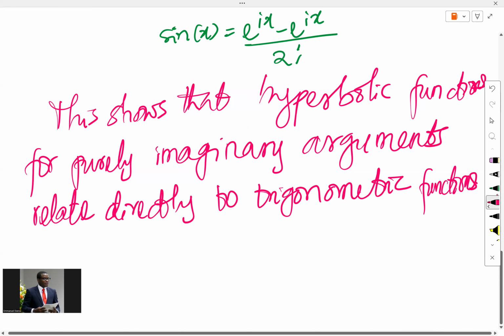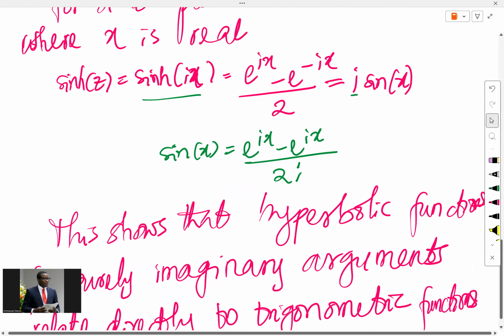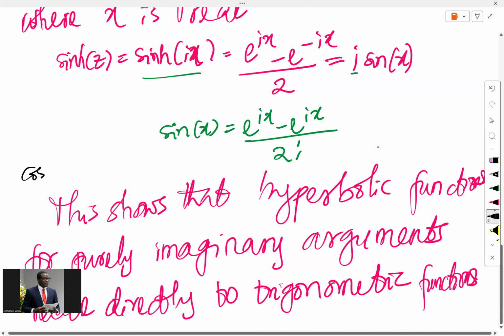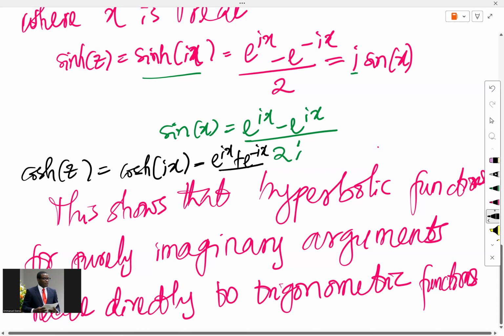Now, having talked about the connections, I think I should also do this for cosh. So cosh z will be cosh ix, if z is ix, and that is equal to e raised power ix plus e raised power minus ix divided by 2.